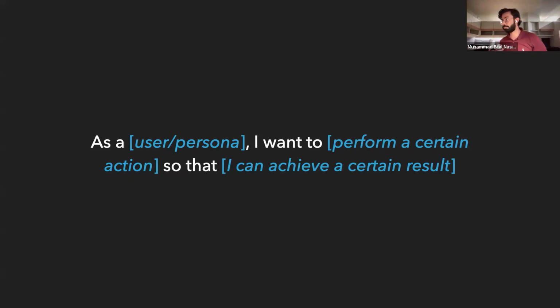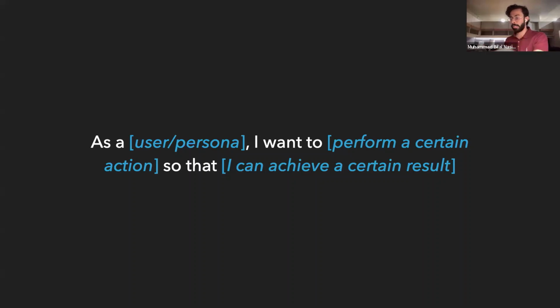But typically in the product industry, user stories are written in this manner: as a user or a persona, I want to perform a certain action so that I can achieve a certain result.